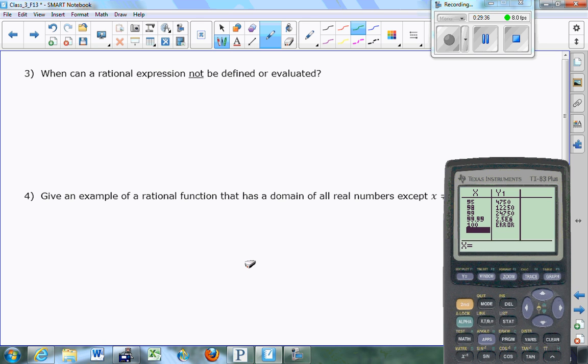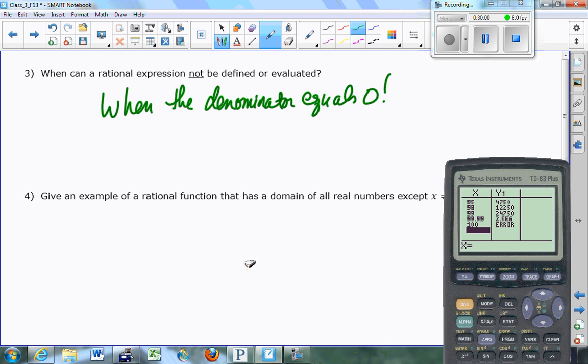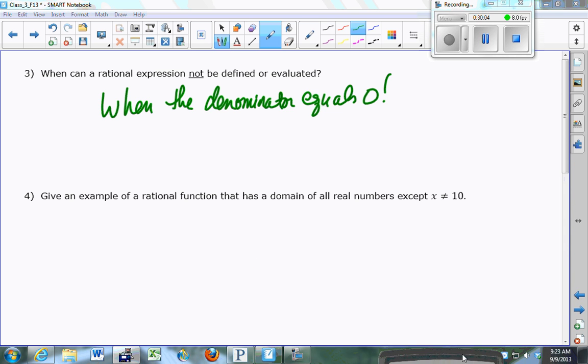When can a rational expression not be defined or evaluated? Right, when the denominator equals 0. Right now, that's the only thing you have to think about, nothing else.